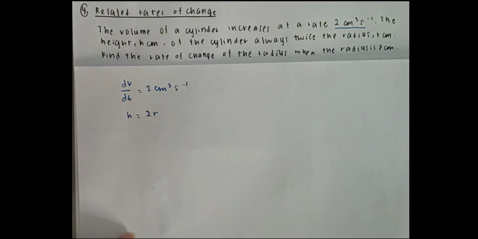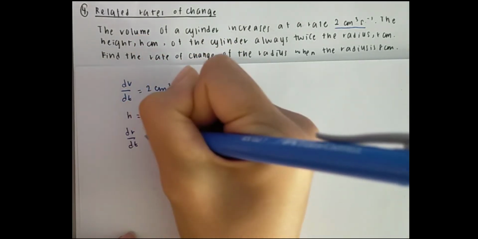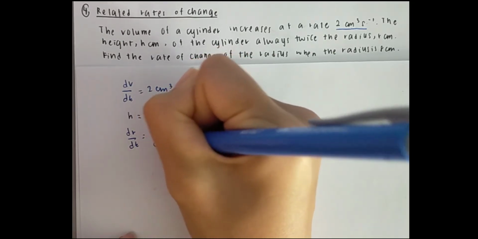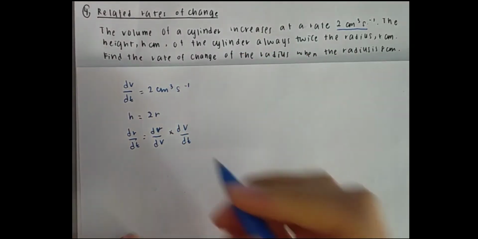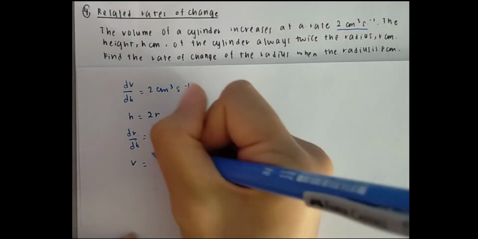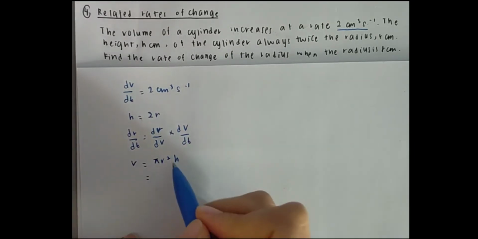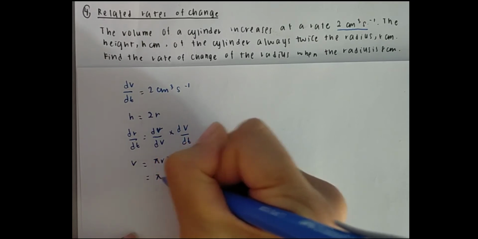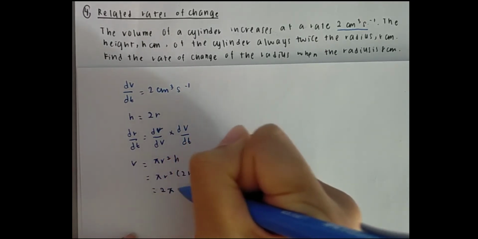In order to find the rate of change of the radius, which is dr over dt, we need to find dr over dV times dV over dt. So first we know that V, the volume of the cylinder, is pi r squared h. Next we substitute h in terms of r, which is 2r, so pi r squared times 2r, and we will get 2 pi r cubed.